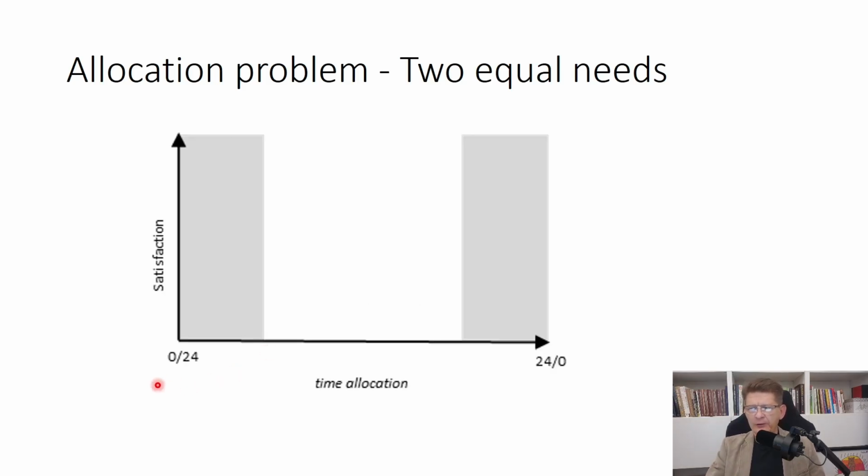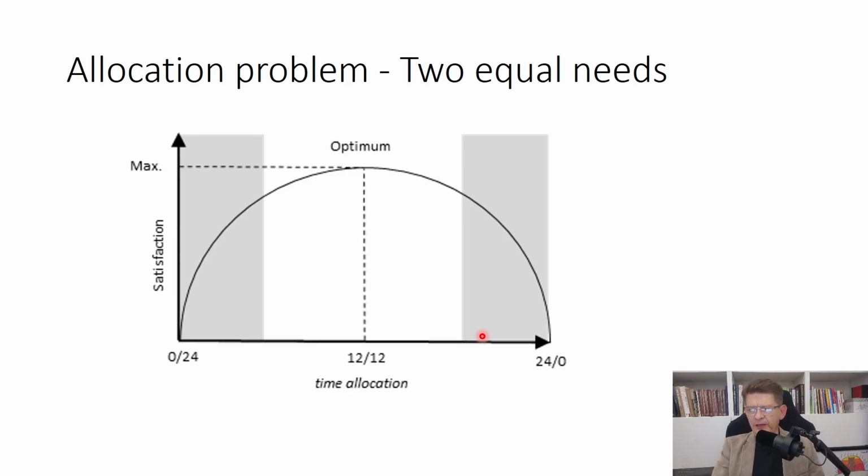On this graph, our satisfaction is represented by the vertical axis, while the horizontal axis represents different allocation ratios. Now, our budget constraint is represented by a curved line, which takes the shape of a semicircle. This line represents at the same time different levels of satisfaction, or if you like, different areas of the rectangle corresponding to different allocations of our time.